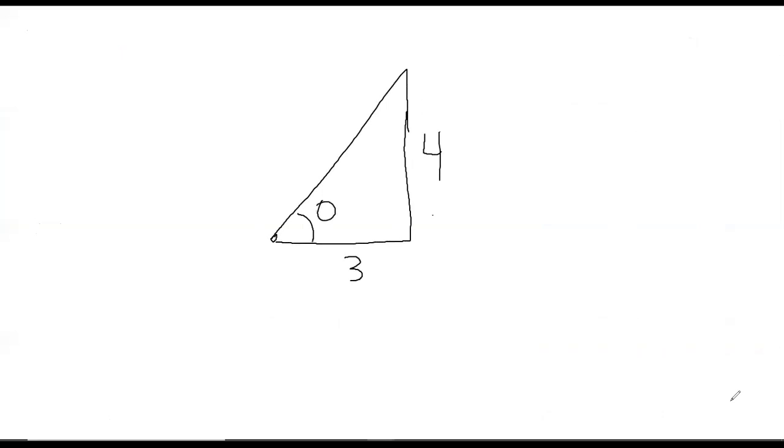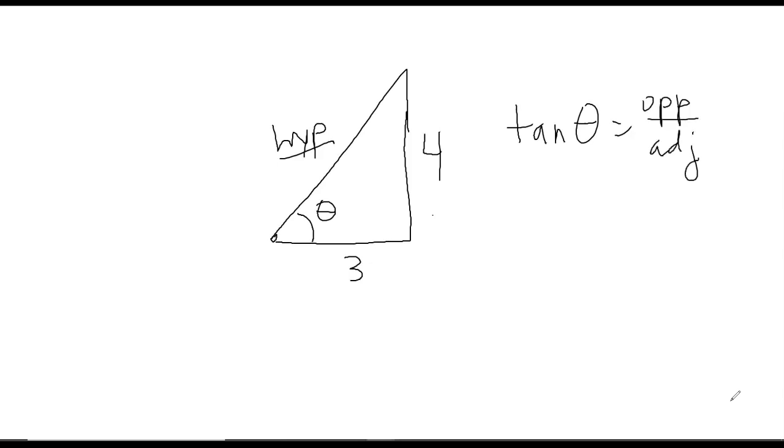This is our theta. Well, we're not using our hypotenuse, so we've got to be using tangent. Tangent theta is opposite over adjacent. And so what's theta? We don't know what theta is. Tangent of theta, I don't know, but I do know opposite. Opposite is 4. Adjacent is 3.